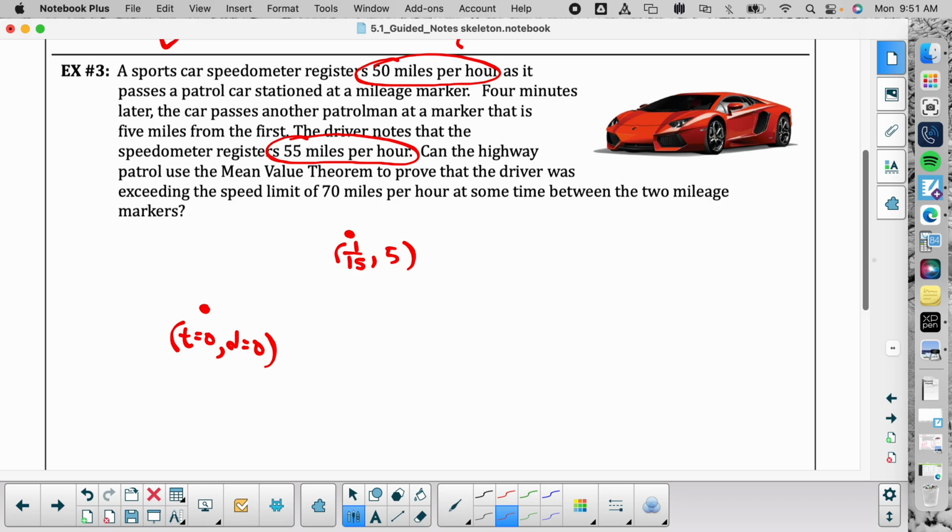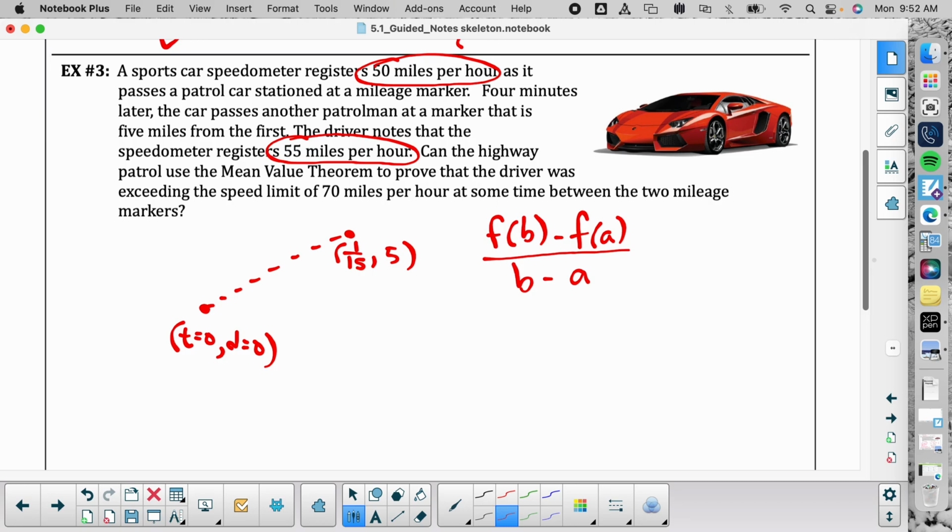So we need to find the average slope between those 2 points. And that's f of b minus f of a. It just feels strange to write this one as a formula because you guys in your head already registered driving.